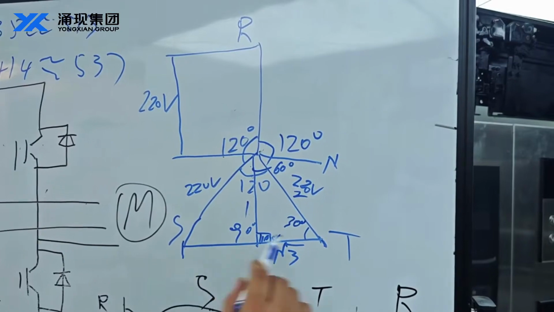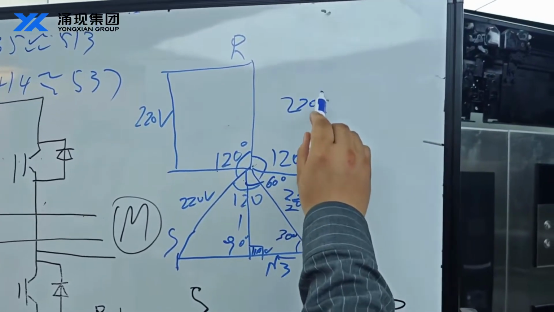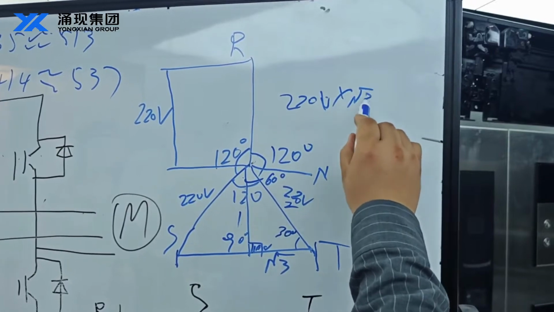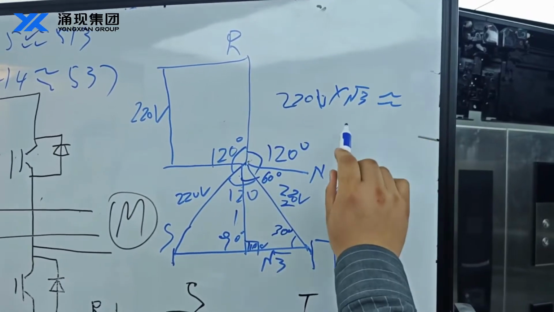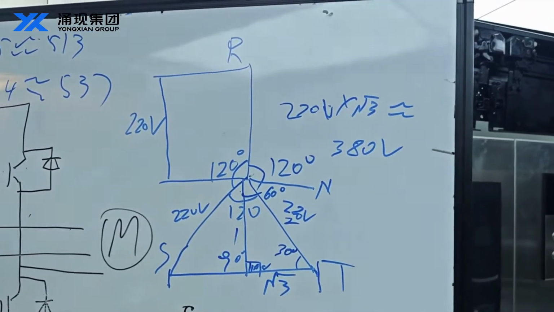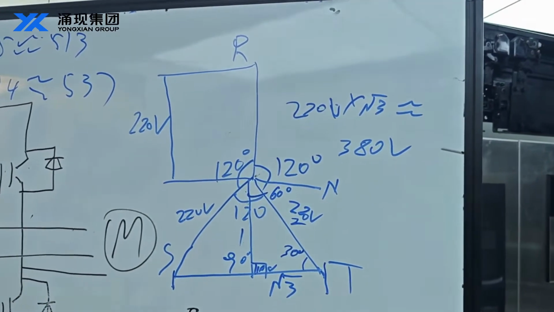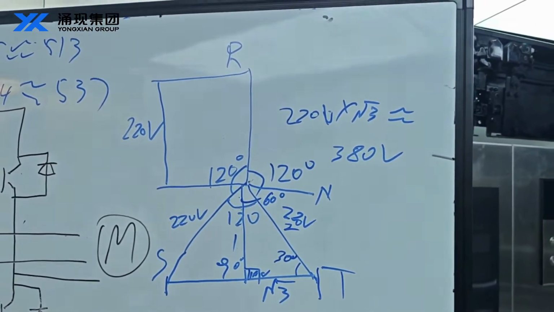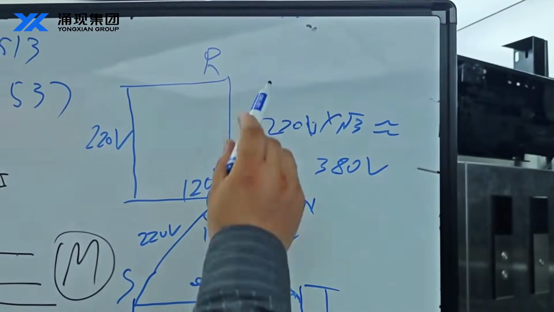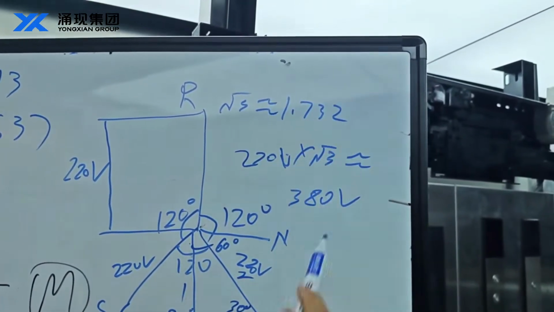So the voltage between S and T is 220 volts times the square root of 3, approximately 380 volts.